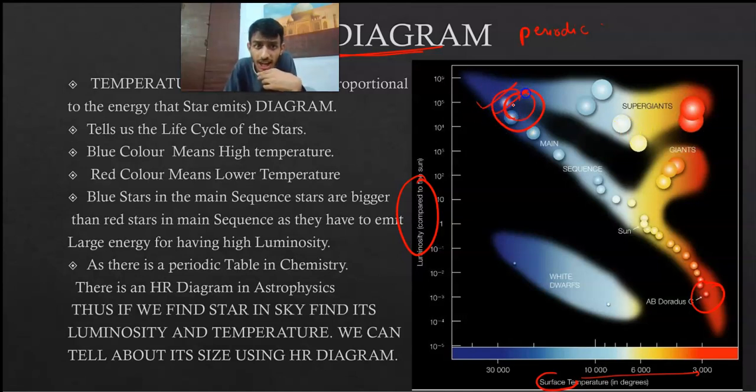These blue stars mean high temperature, red means low temperature. Blue stars in the main sequence are bigger, and the red stars in the main sequence are smaller, as they emit less light. And this is like a periodic table.